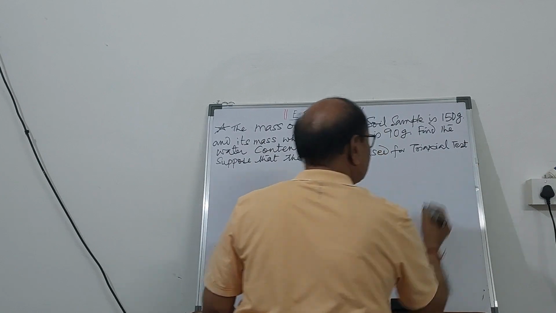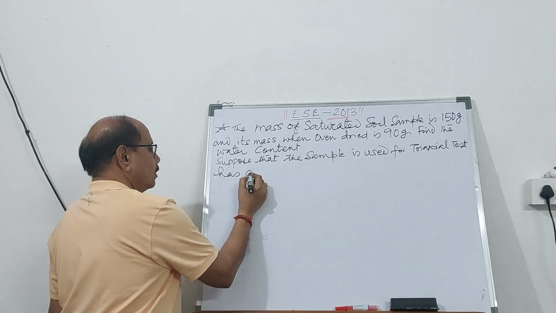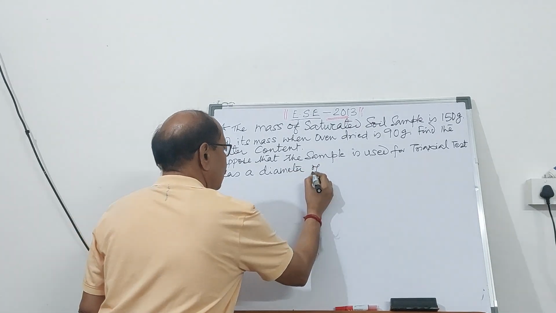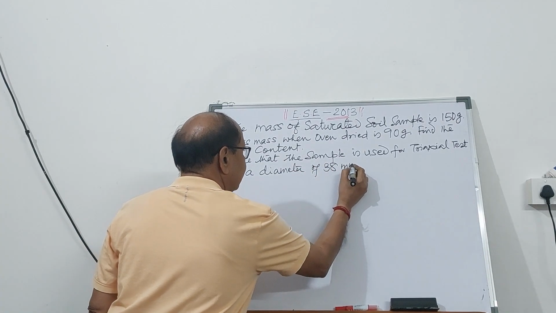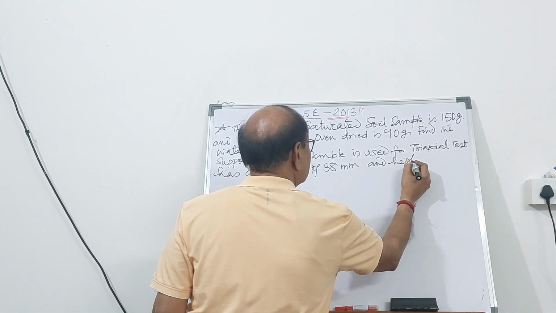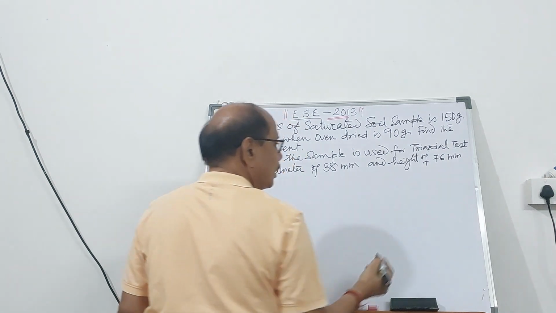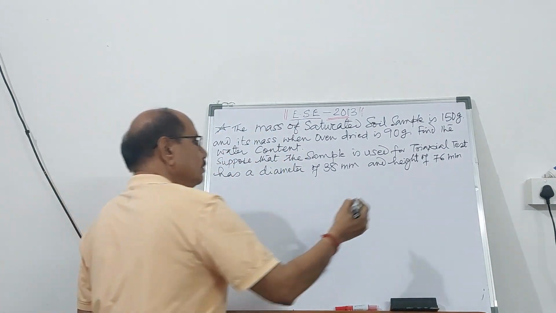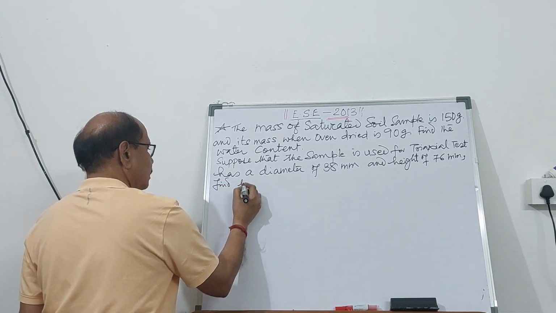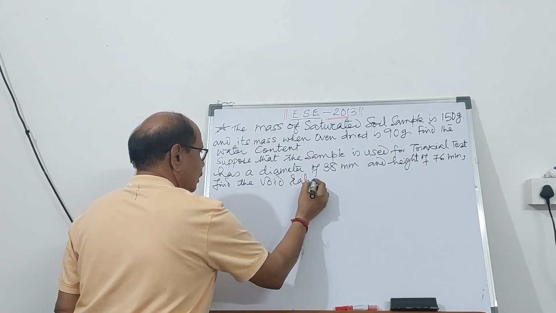The triaxial test specimen has a diameter of 38 mm and a height of 76 mm, then find the void ratio.